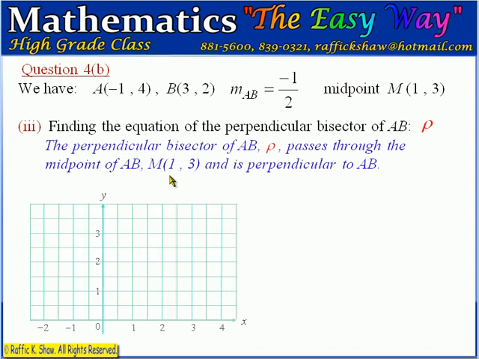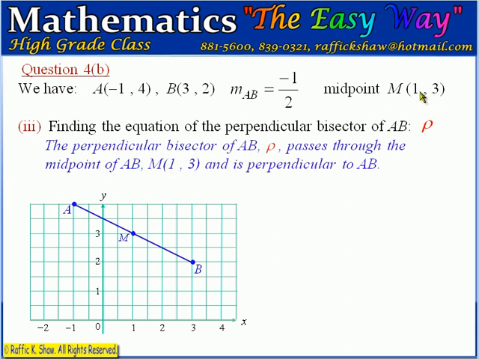And as I said, we can show that on a diagram. So let's put down the points A and B on this diagram. That's the line segment AB. That's point A, -1, 4. The point B is 3, 2. So that's our line segment AB.